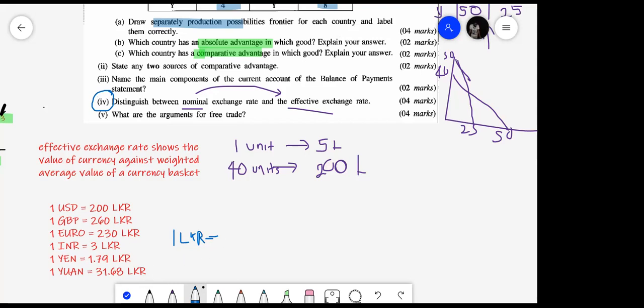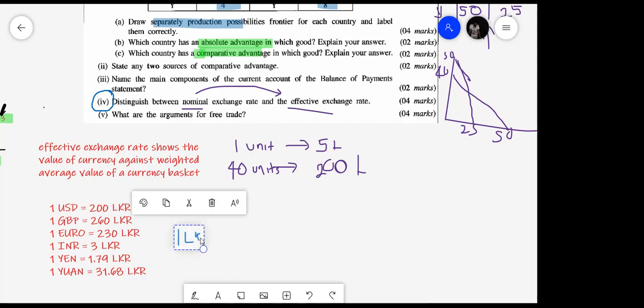Let's say it simply says 150. Hold on, you calculate that, you get 150 LKR as a weighted average. So one foreign currency is equal to like 150 on average. That is what you call, guys, an effective exchange rate.